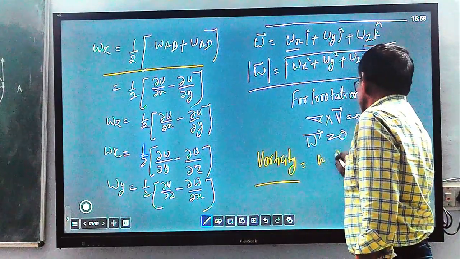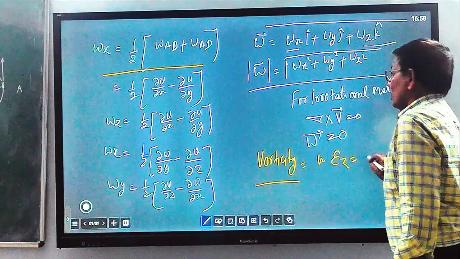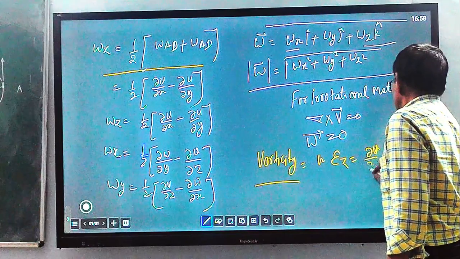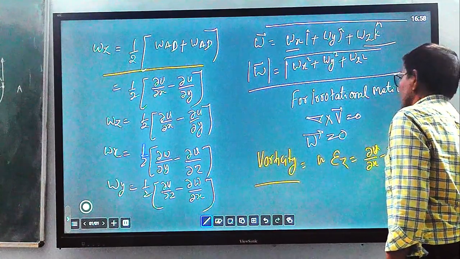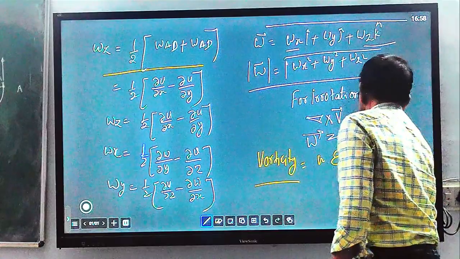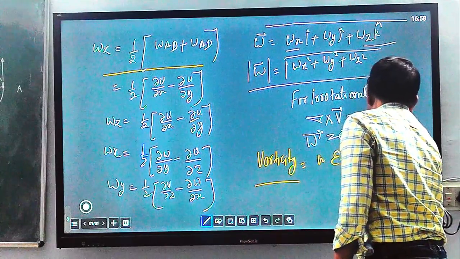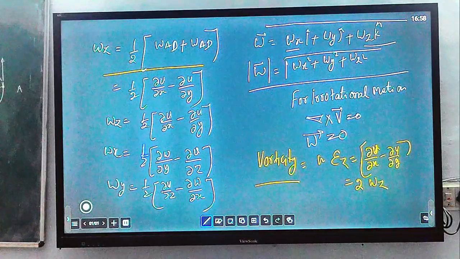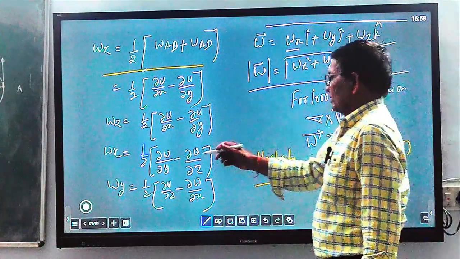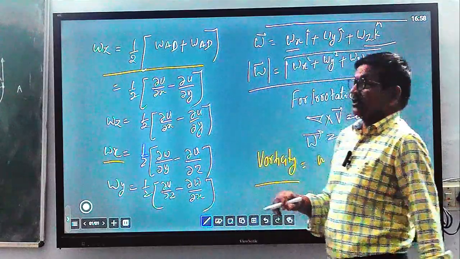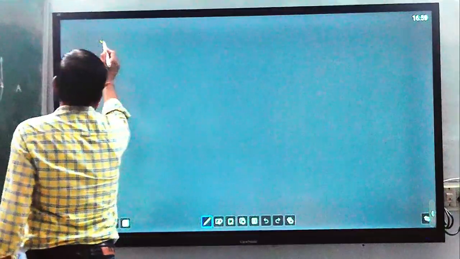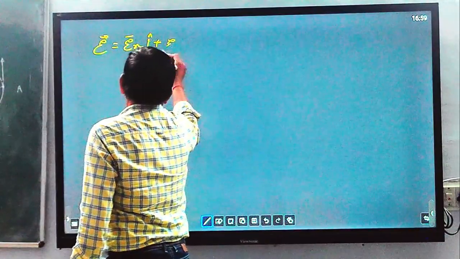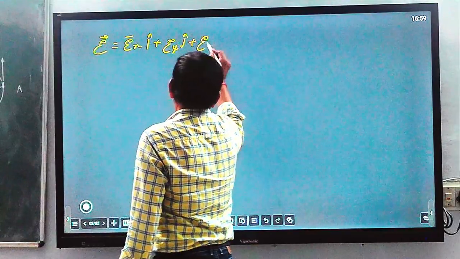So xi z equals del v over del x minus del u over del y, which is 2 times omega z. All values xi x, xi y, xi z become 2 times the corresponding rotation. So xi equals xi x i plus xi y j plus xi z k.